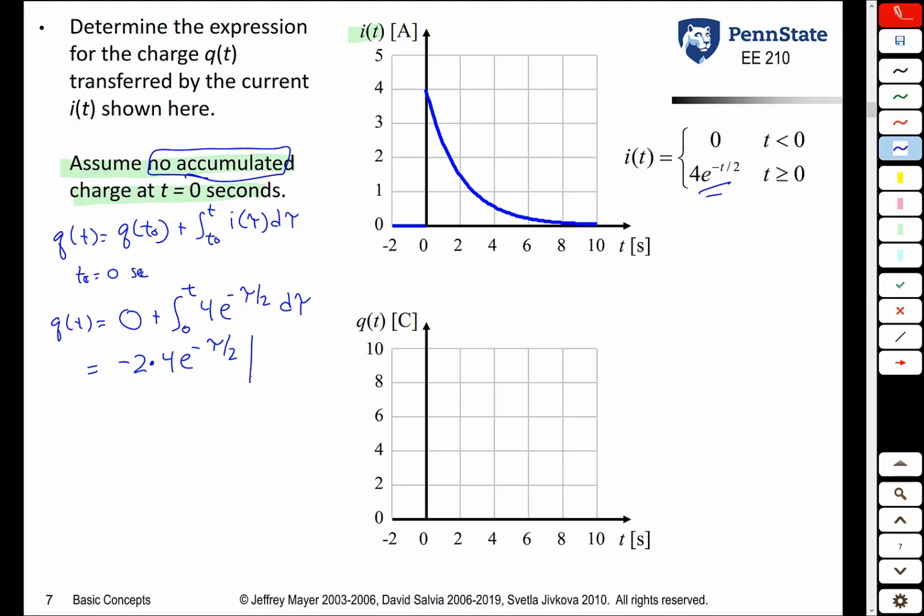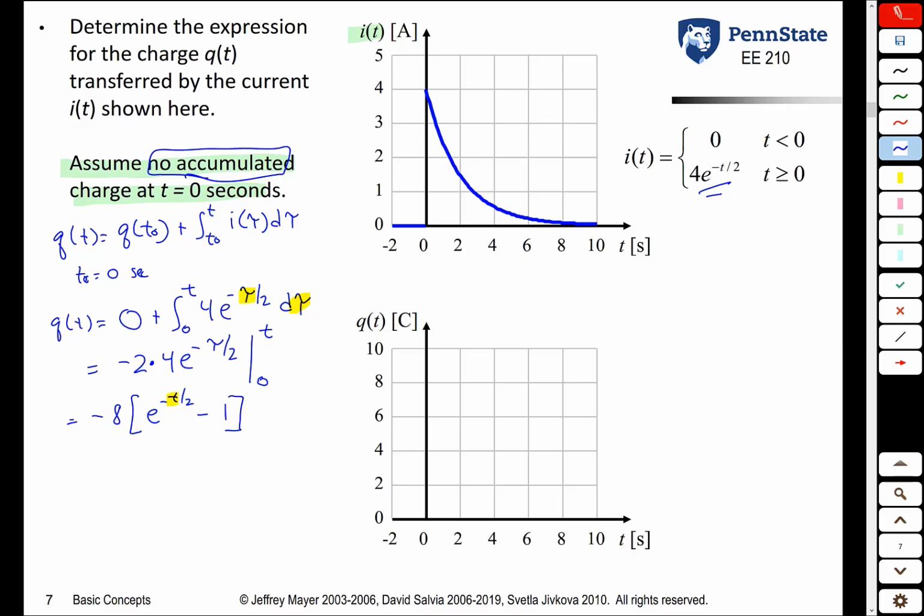And we want to evaluate this at the upper limit of t and the lower limit of 0. So we get minus 8 times e to the minus t over 2 minus 1. And here you see why we have to use this dummy variable. We're going to end up with the t in the final expression, so we want to use the tau here so that you can remember where you have and have not yet put the t in the substitution.